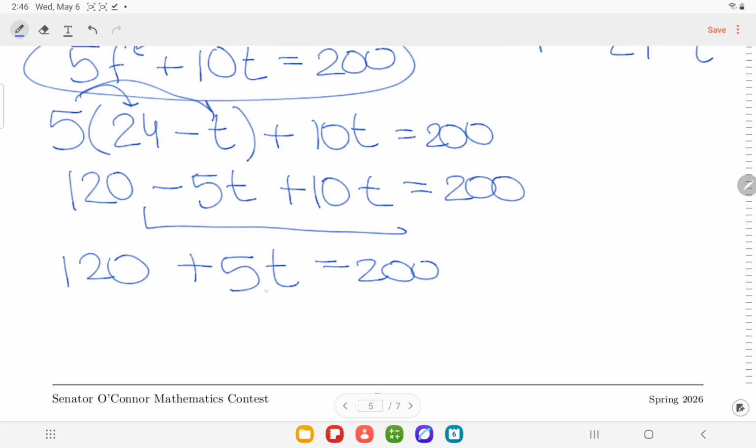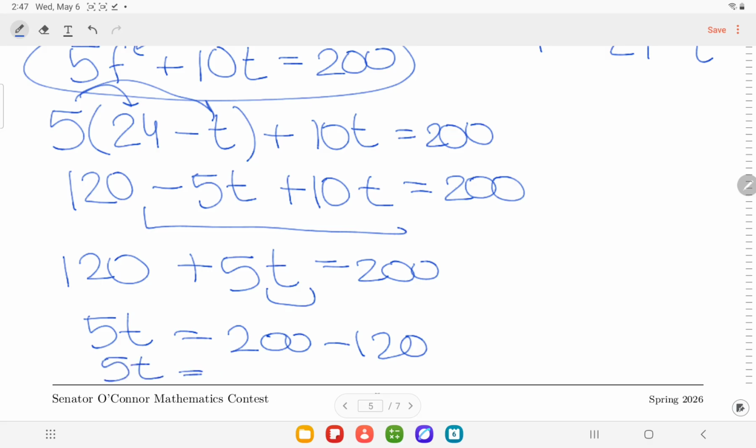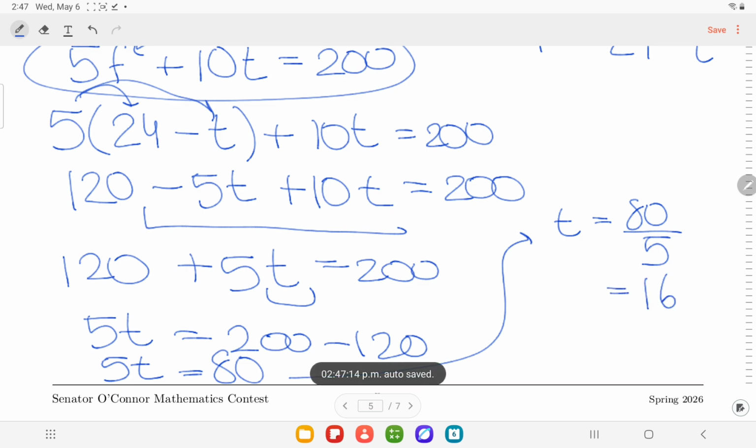And then we're trying to isolate for our t, so we're going to subtract 120 from both sides. And we end up with 5t equal to 80. And then to isolate for our t, we're going to divide both sides by 5. And we end up with 16.